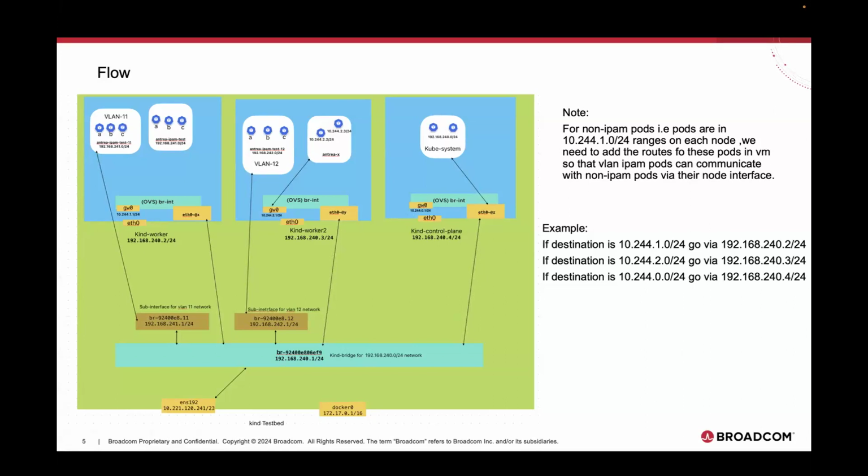I think the routes listed here are the routes configured on the bridge interface, not in the node's own network namespace. They are for the returning traffic for traffic destined to ports without VLAN.